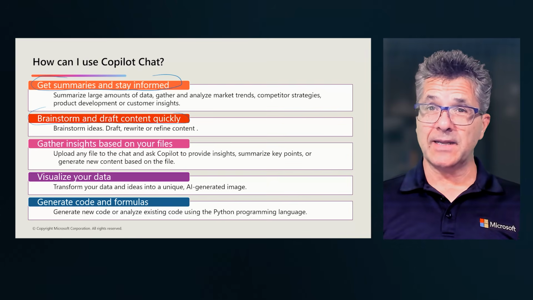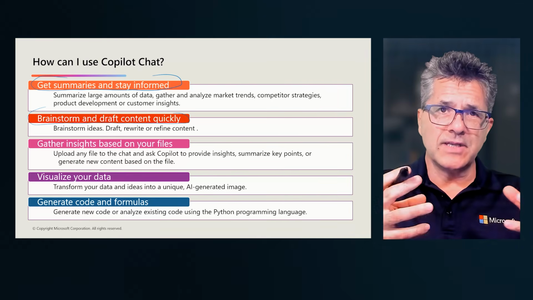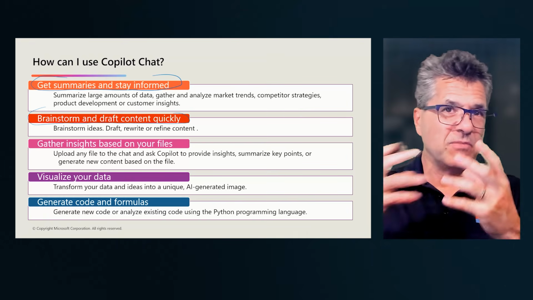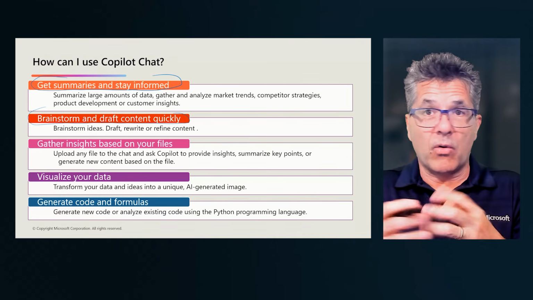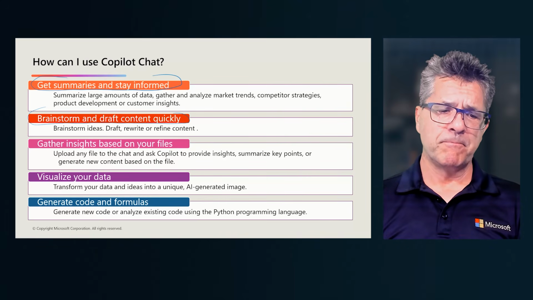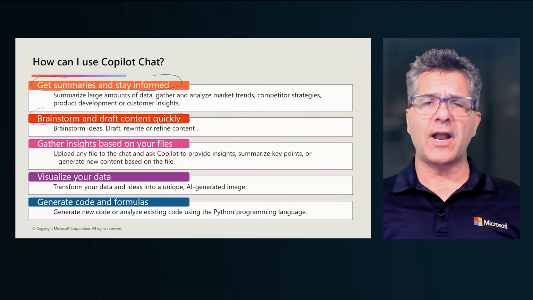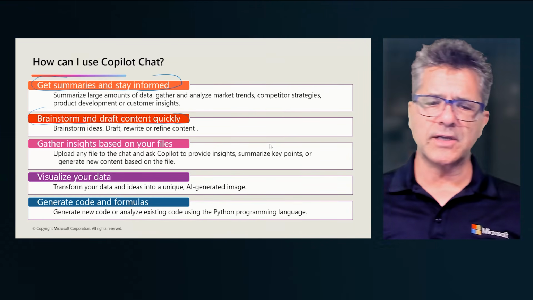Or visualize data. I did mention I can get an image. I can ask Copilot to review this image, create a similar image, maybe a different tone, different color, or even a handwritten note. I want to evaluate that handwritten note. And finally, formulas. We talked about creating code, evaluating code, translating code as well.